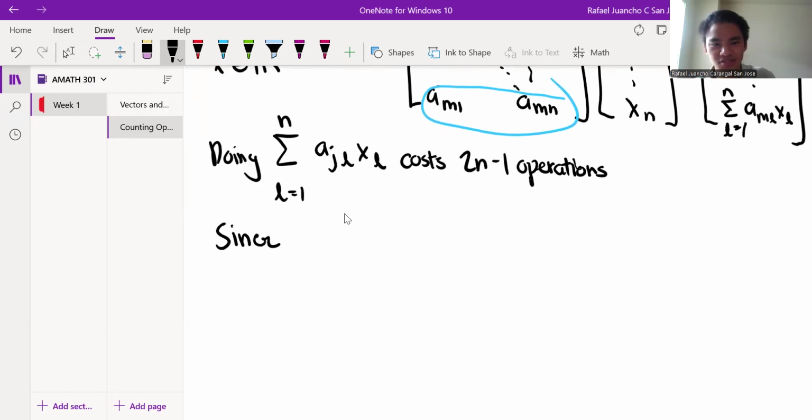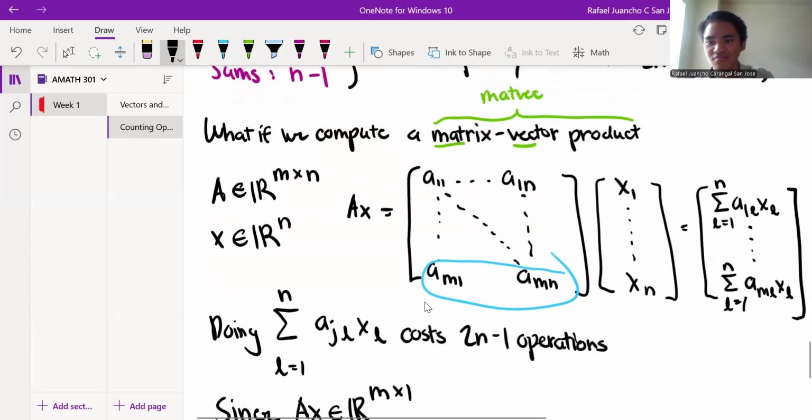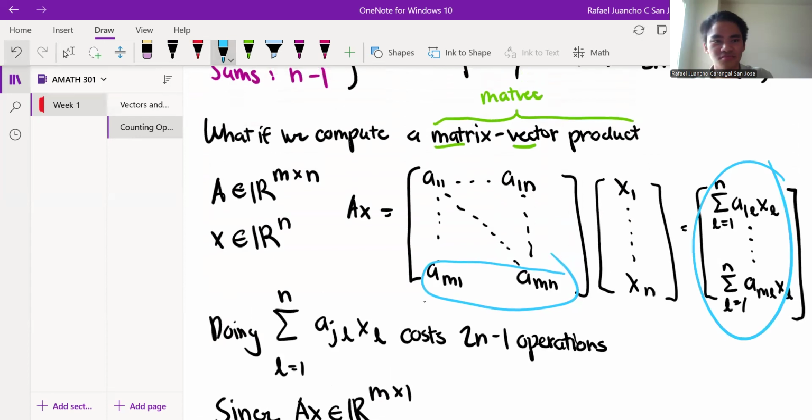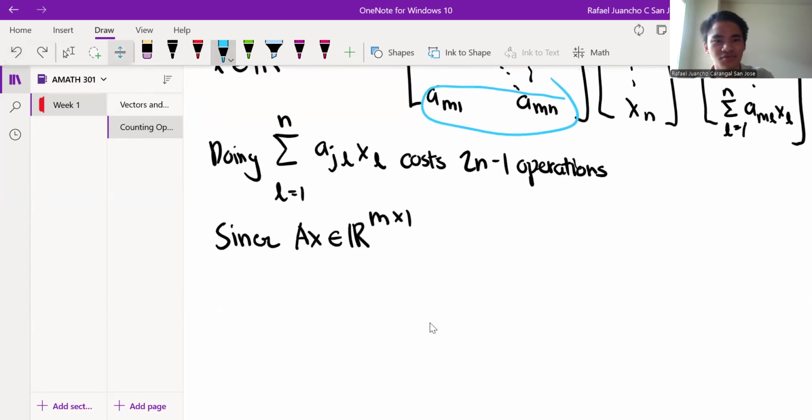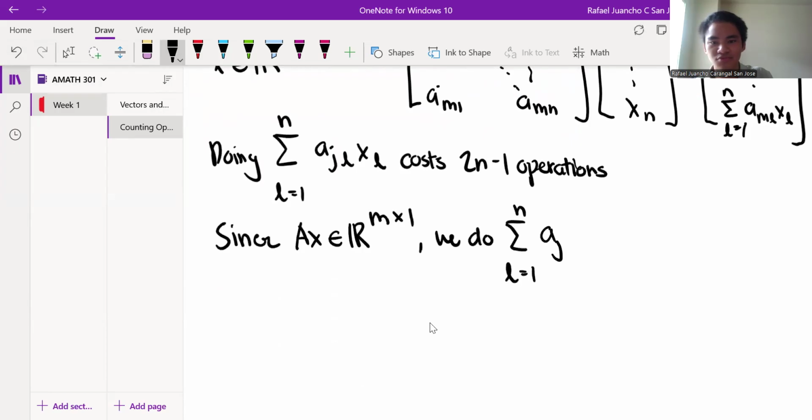So what we're saying is, since the matrix vector product is m by 1, m for minion, because the number of rows here is m, we do this summation, ajl xl, m times.